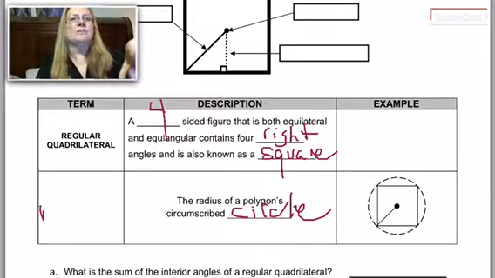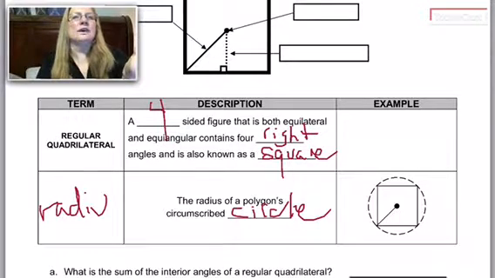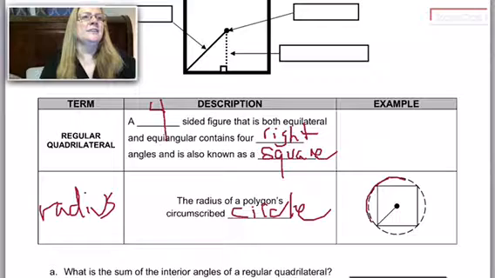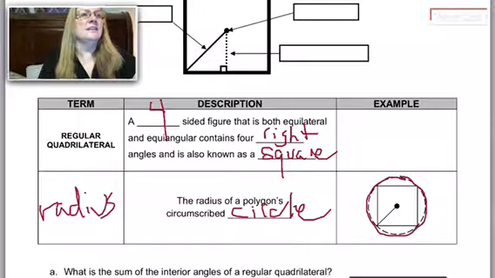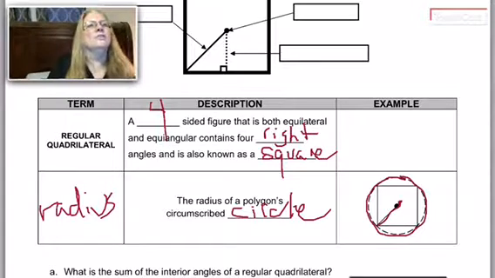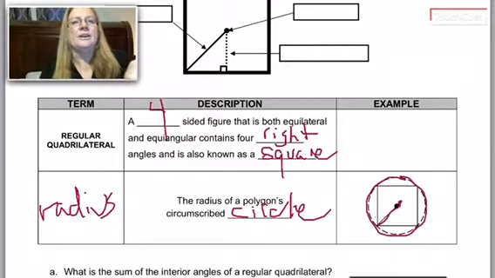In other words, if we were to draw the circle outside the square, like they did here, you can see that the radius goes from the center to the circle, which is also the vertex of the square. Okay.